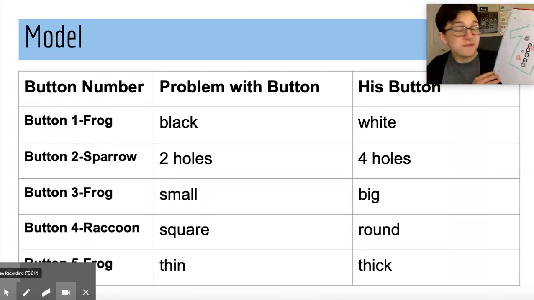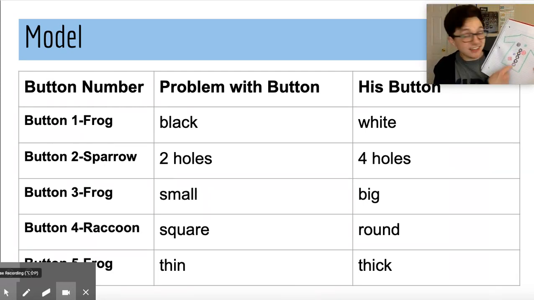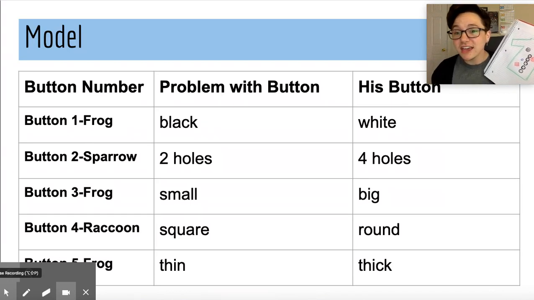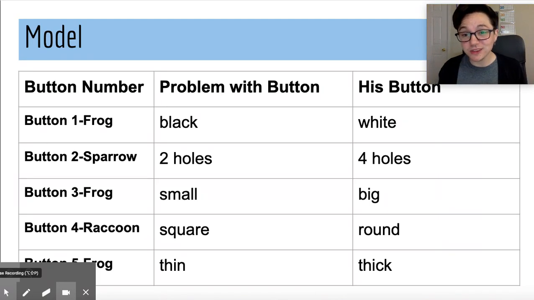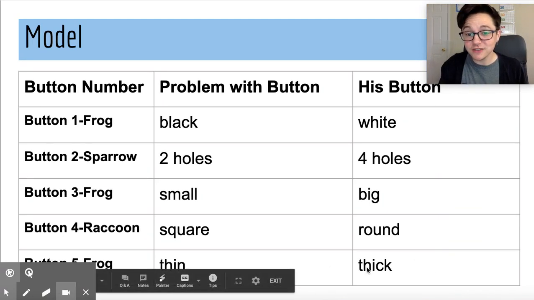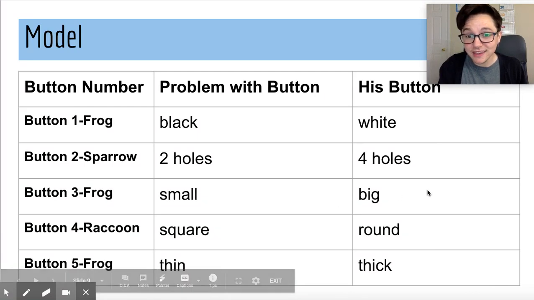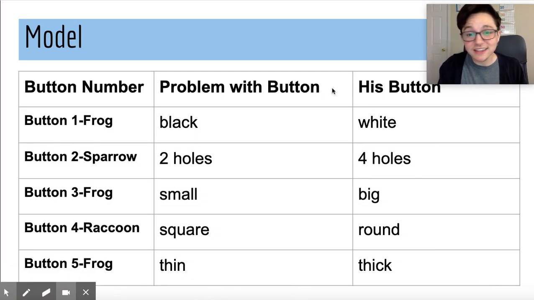So I put all of the buttons that he originally had on his jacket in a straight line down the middle, and I made the outsides really thick to try to show that his buttons were thick because we know that was an important detail that we found. I made sure that they were all round, they were all pretty big, and they all had 4 holes, and then I did not color them in because they were white.